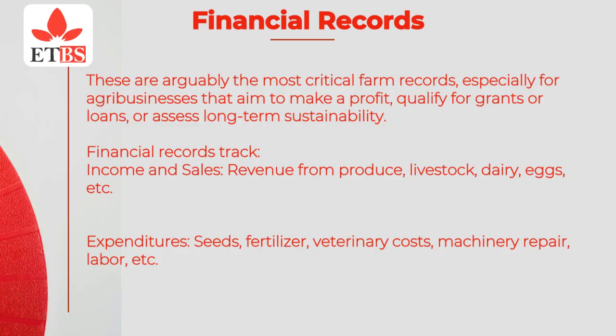Cash flow statements: cash inflow, sales, loans, etc., versus cash outflow, expenses. Balance sheets: assets, liabilities, and equity of the farm business. Example: a maize farmer keeps a monthly record of the amount earned from harvest sales and money spent on weeding, fertilizer, and transportation. This helps the farmer know whether they are in profit or loss.